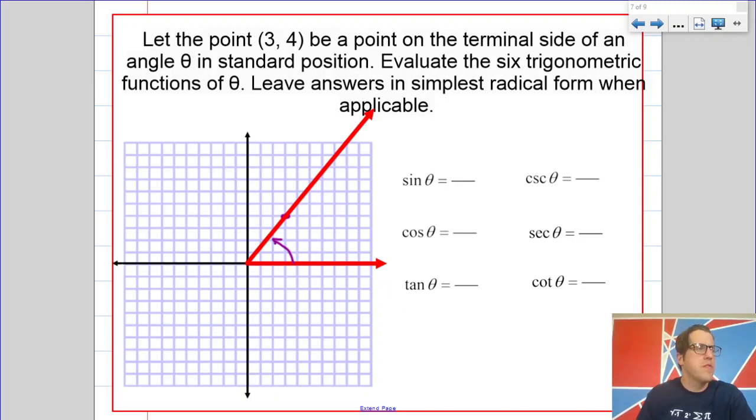Now, they want us to find the 6 trigonometric functions of that angle. So the first thing I want to do is get that little angle marker out of the way, and draw what's called a reference triangle. That triangle allows me to look at this angle as having an opposite, an adjacent, and a hypotenuse.